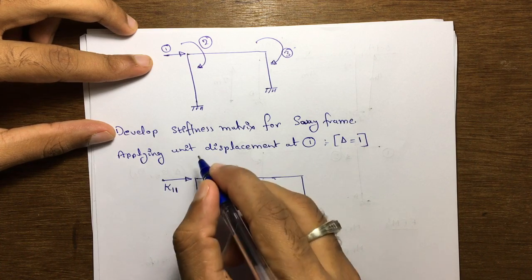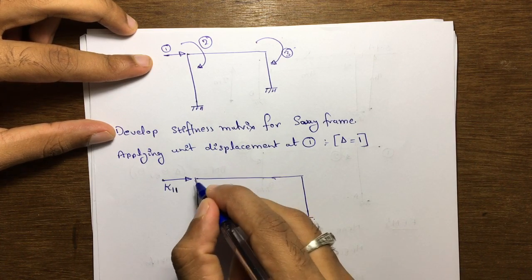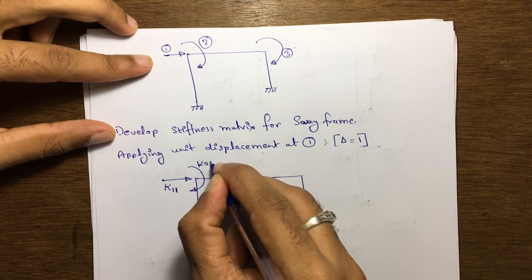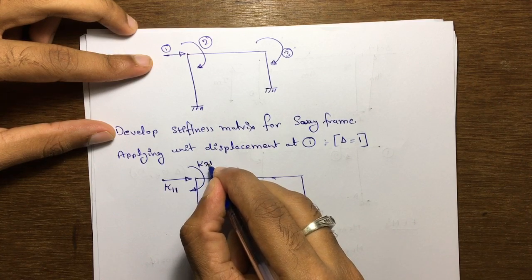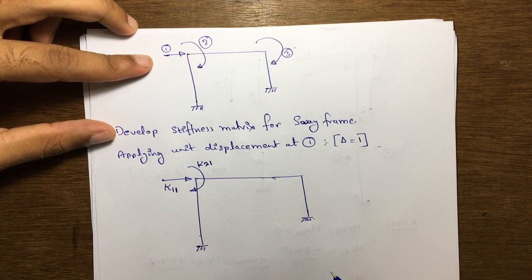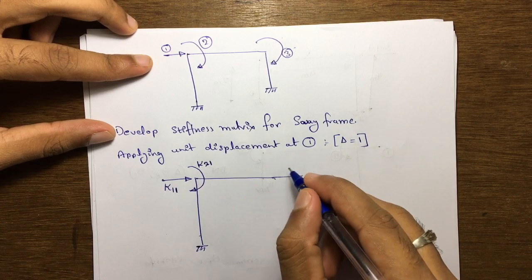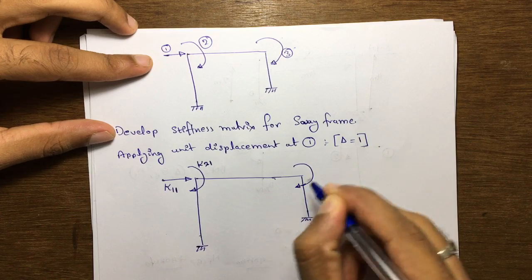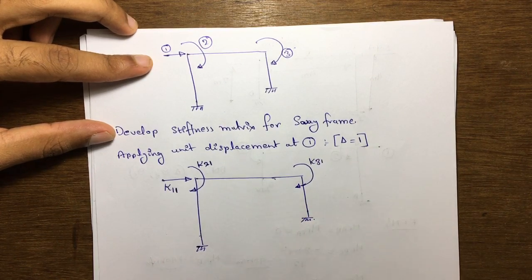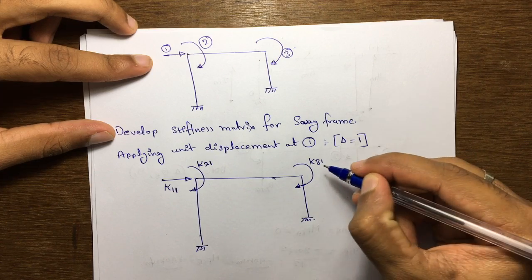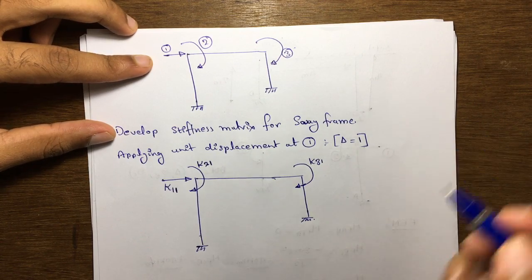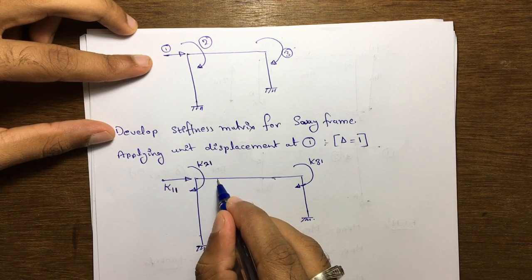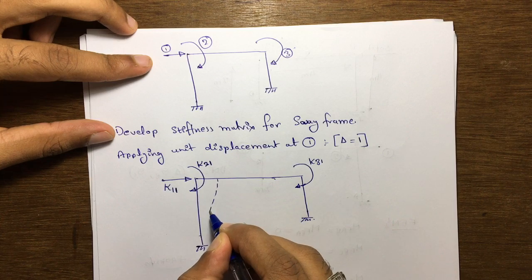In our second coordinate, that is K21, the force at 2 due to unit displacement at 1. At the same time I will draw one more coordinate, that is K31, the force at 3 due to unit displacement at 1. So if I apply unit displacement here, this is going to deflect in this shape.